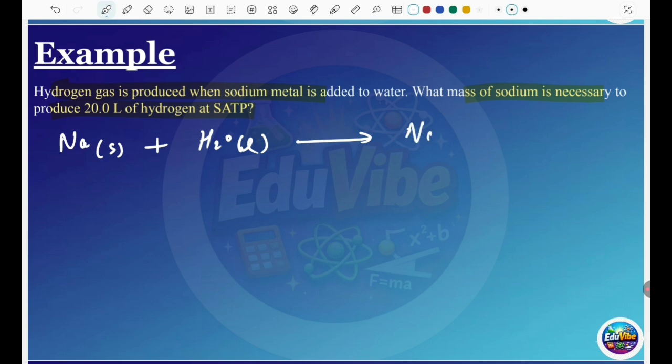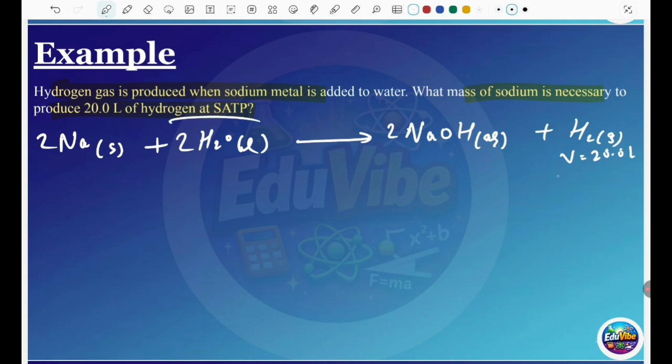This will make NaOH, and hydrogen gas is released. So these two things are made, and you have to balance this. So 2, and you have 2 over there and 2 over there. So it's balanced now. So you have the volume of hydrogen, which is 20.0 liters, and they said that this is at SATP conditions.